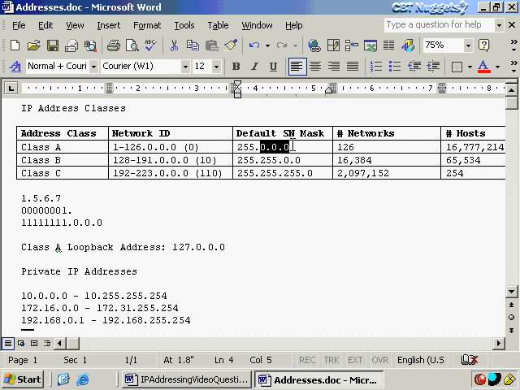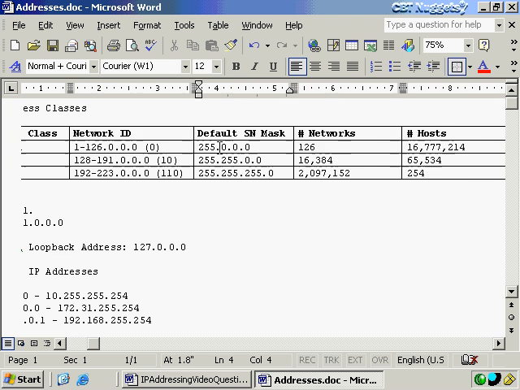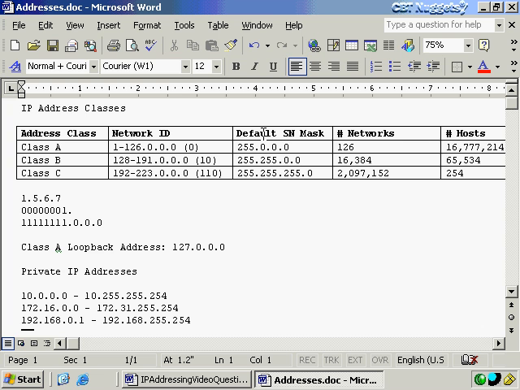Now, there's a correlation here. The more bit positions you have reserved for hosts, of course, the larger your number for hosts is. The more bit positions you have for the network, 255 in this case, then the more network numbers you can have. So when we get down to Class C here, for example, notice that our number of networks has increased, but because now we only have 1 octet left for the hosts, that is decreased to 254.